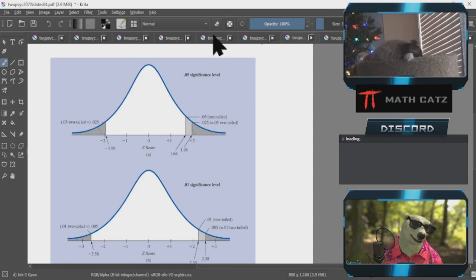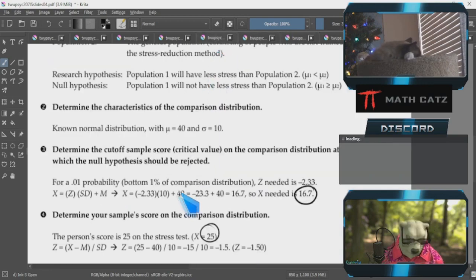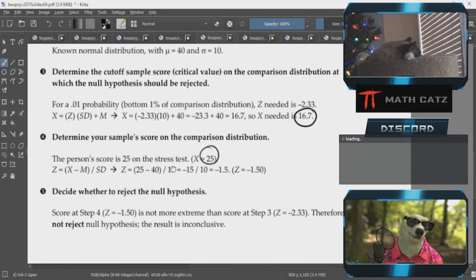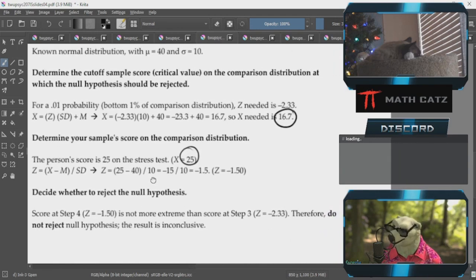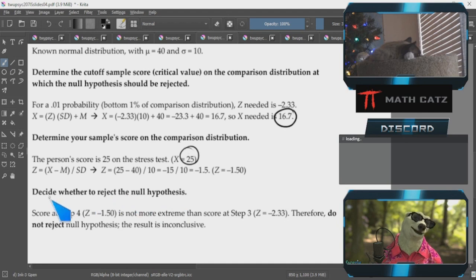But I keep clicking on the wrong tab. What's wrong with me? There we go. So we make our decision. Let me just scroll like this. The score, z-score or raw scores, whatever you want, is not more extreme than the cutoff score.